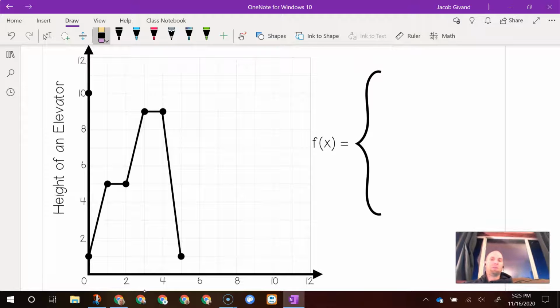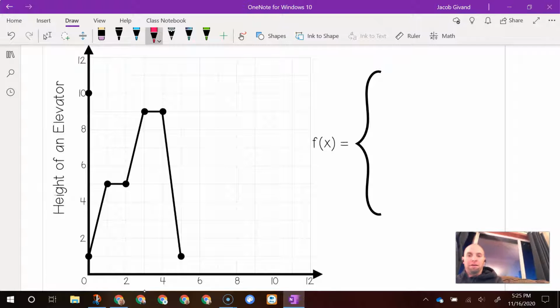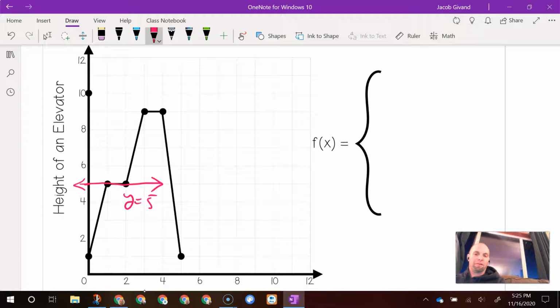So 2 of the parts are really easy. The second part, I already said, is always a flat line. It's just y equals 5. So that's the same as f of x equals 5. We'll leave room for the first one, but then I'm going to write the second one.